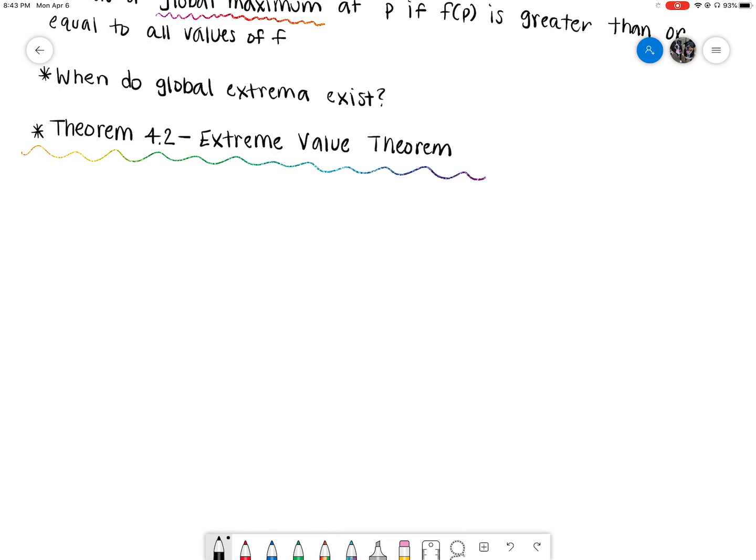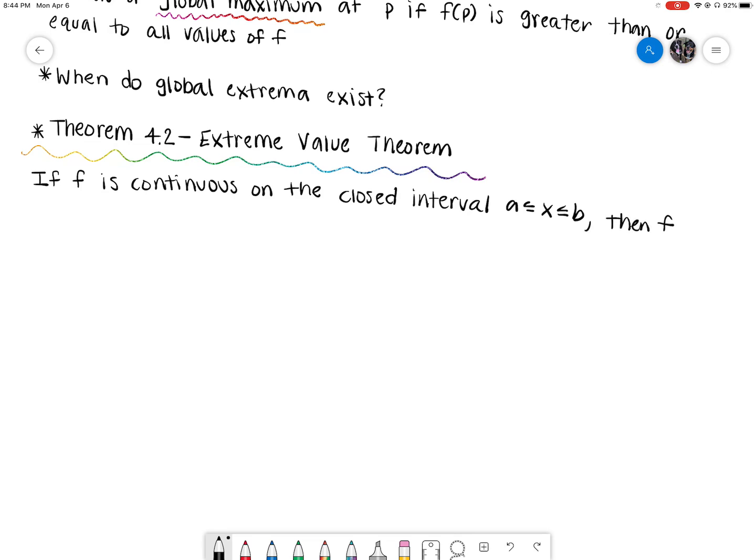And this theorem tells us if f is continuous on the closed interval a less than or equal to x less than or equal to b, then f has a global maximum and a global minimum on that interval.